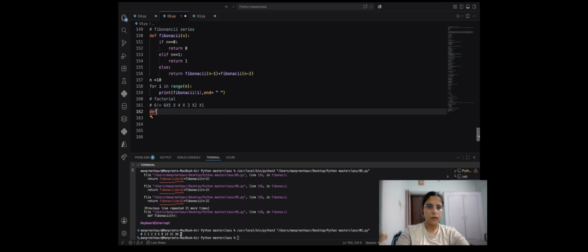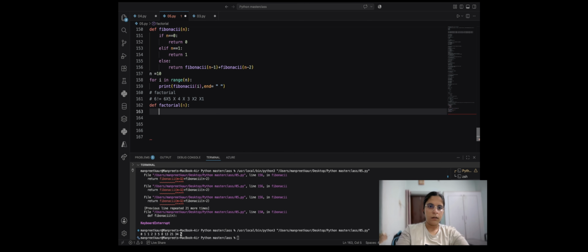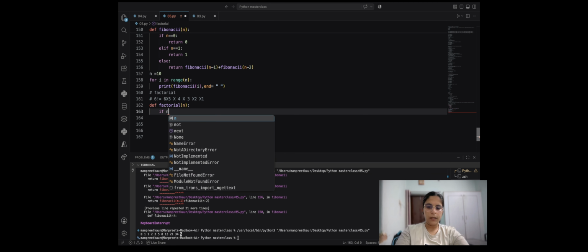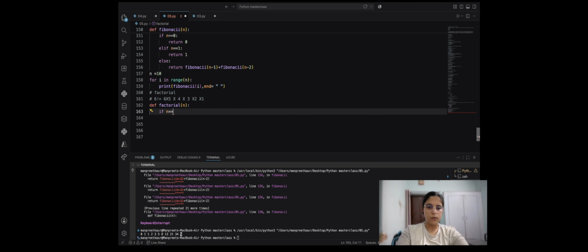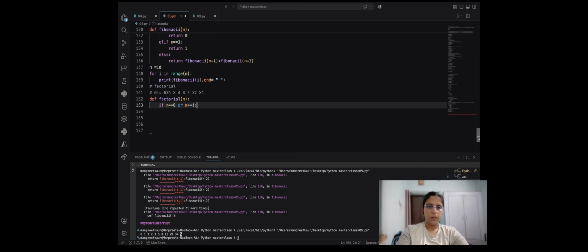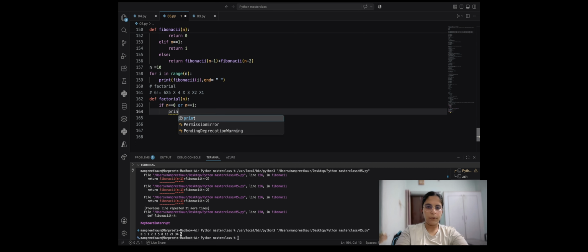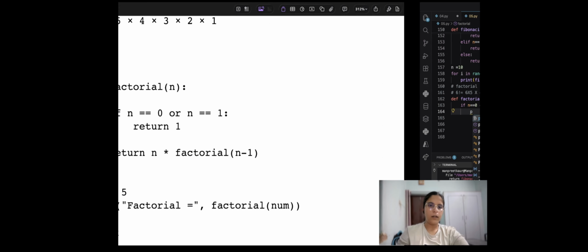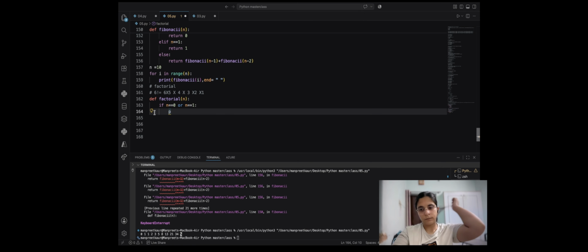Def factorial, then n. If n is equal to 0 or n is equal to 1, then what will happen? Return 1.